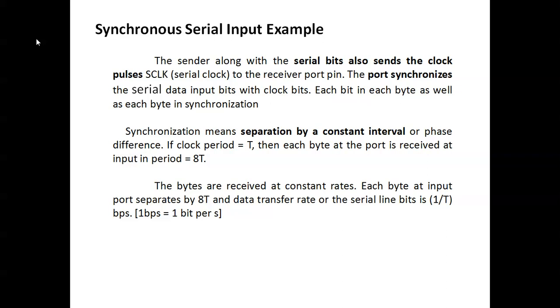For asynchronous, there is no clock used for sending and receiving data. Synchronous means the bytes are separated by a constant interval or phase difference. Example, if the clock period is considered as T, then each byte at the port is received at input in period T. So bytes are received at a constant rate, and the data transfer rate of the serial line bits is 1 by T.